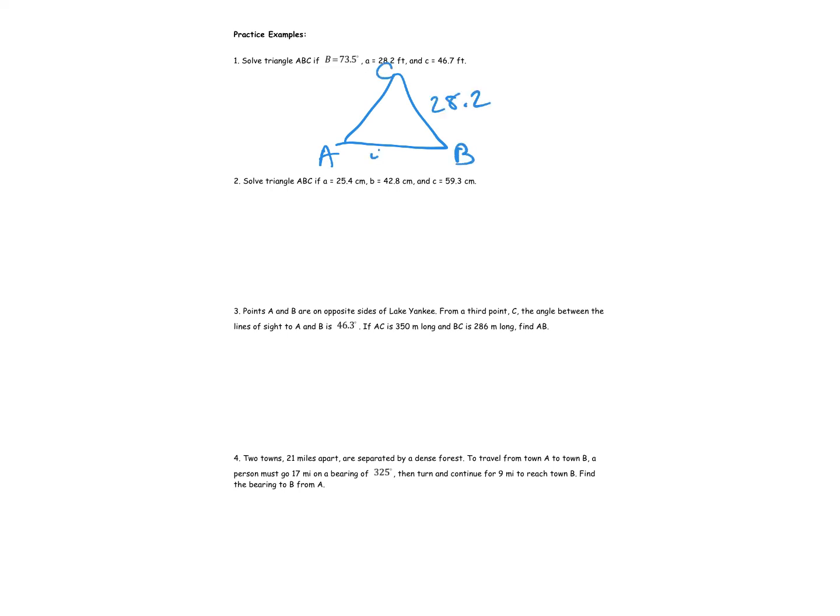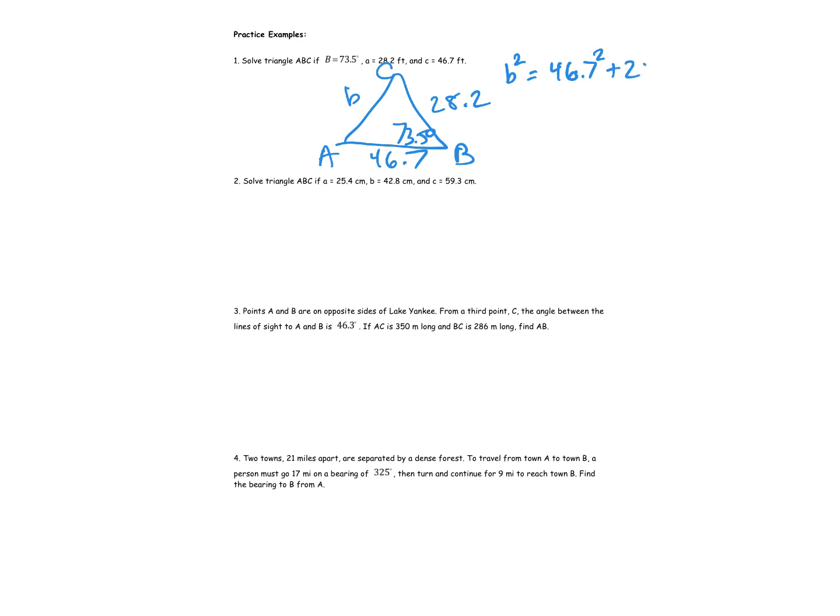Side a is 28.2, c is 46.7, and angle B is 73.5. So I indeed have SAS, so I'm going to jump to law of cosines. In doing so, I need to find this b length. So b squared equals a squared. Well, it looks like I'm doing c squared first. That's fine.